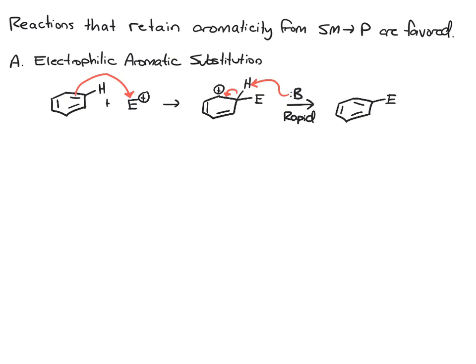So we substituted the hydrogen with the electrophile. In terms of terminology, we often just abbreviate this process as an EAS reaction. We're going to see examples of substituting with halogens, nitro groups, sulfur groups, and even carbon groups.